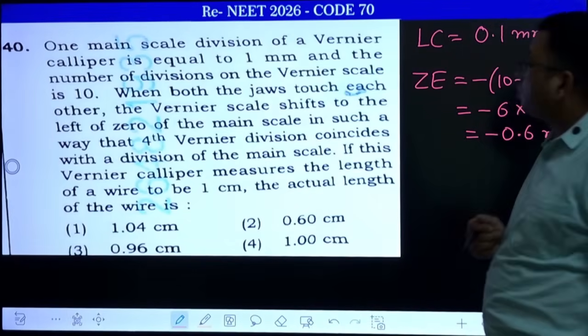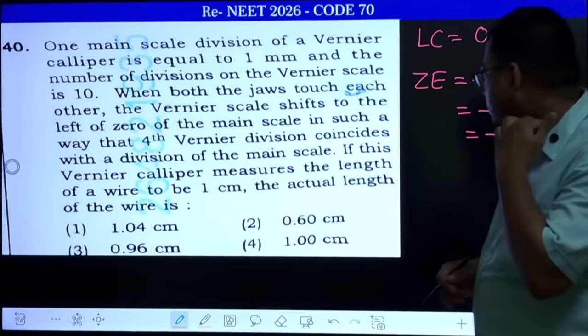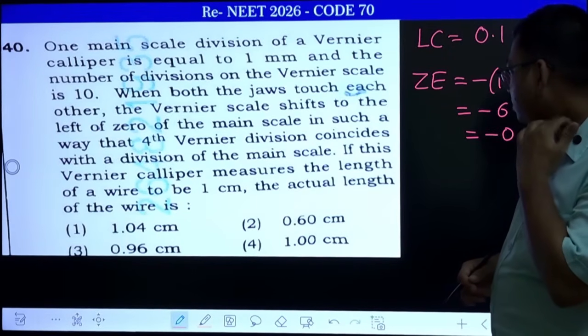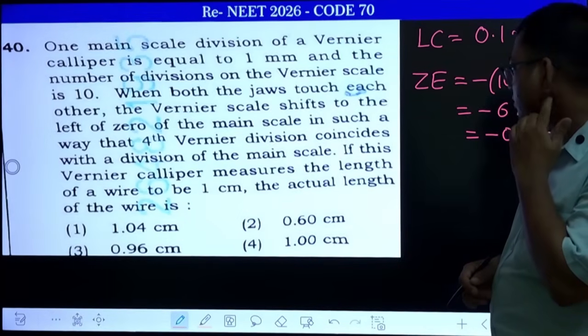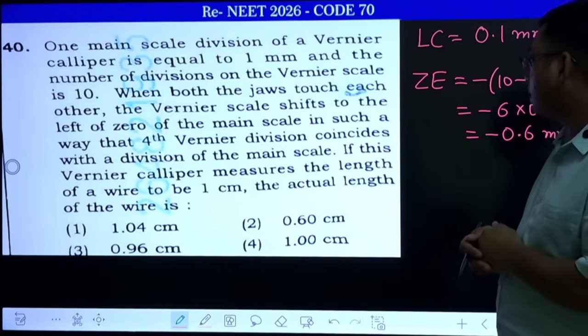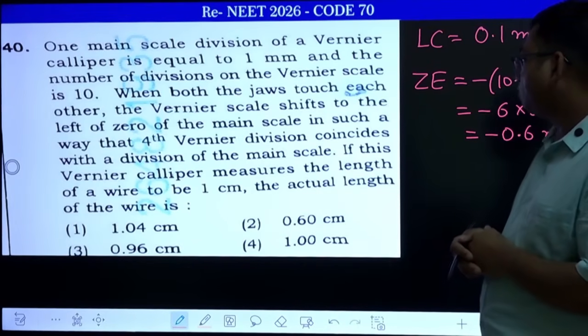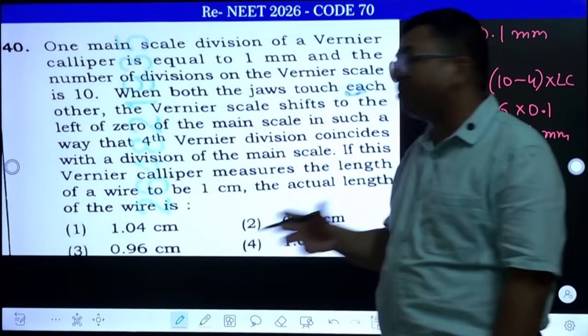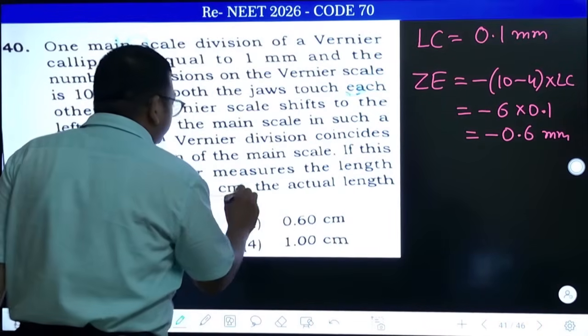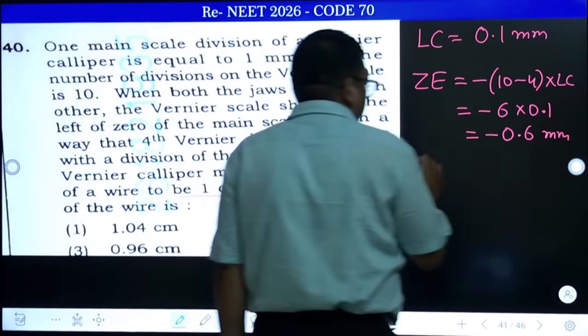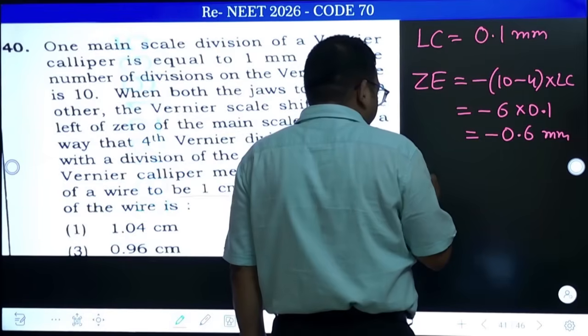Okay. Now what we need to calculate? If this vernier caliper measures the length of a wire as 1 centimeter, the actual length we need to calculate. So 1 centimeter is the reading, the main scale reading. So this 1 centimeter we have to note, it is the main scale reading. So what is the measurement?